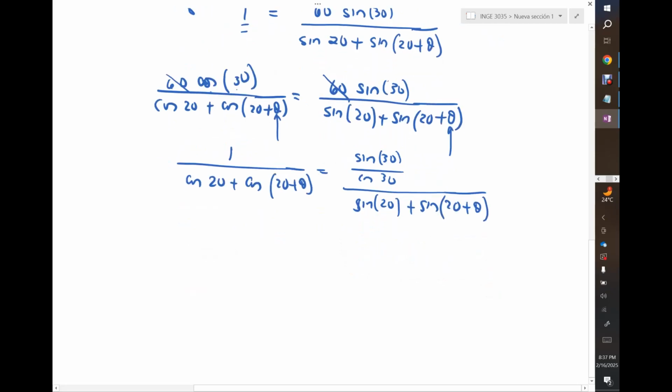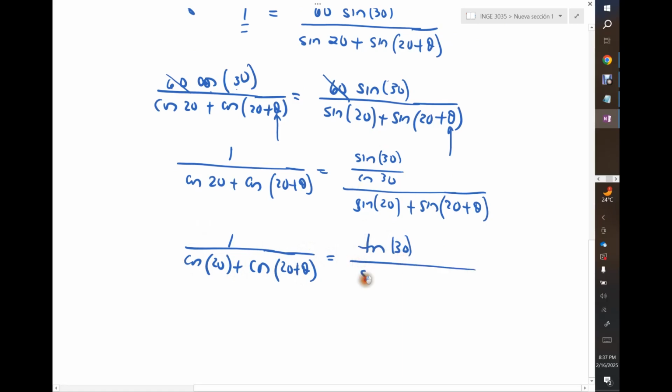And so this part here is just a number, so it's 1 over cosine of 20 plus cosine of 20 plus theta equal to tangent of 30 divided by sine of 20 plus sine of 20 plus theta.